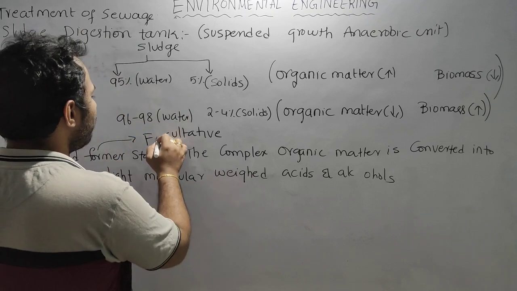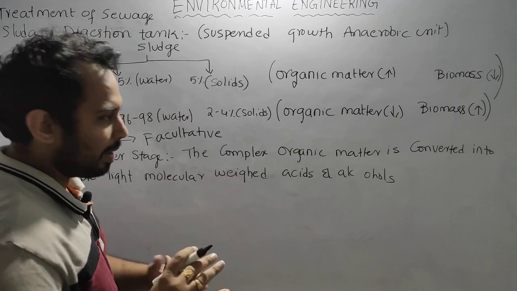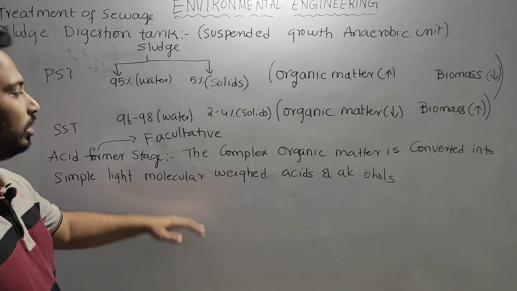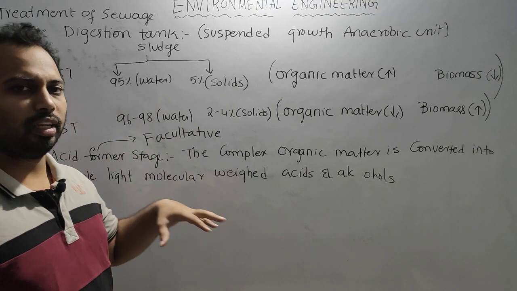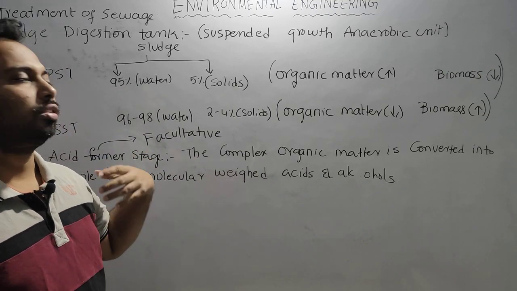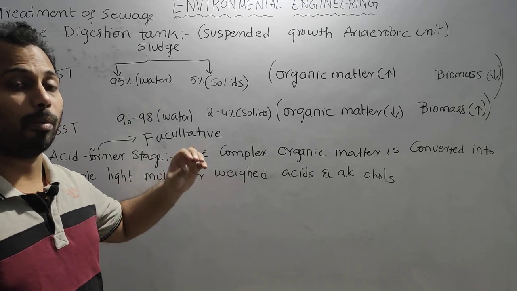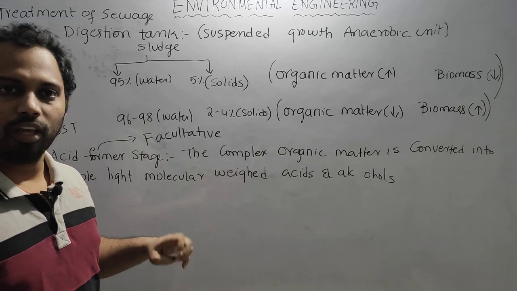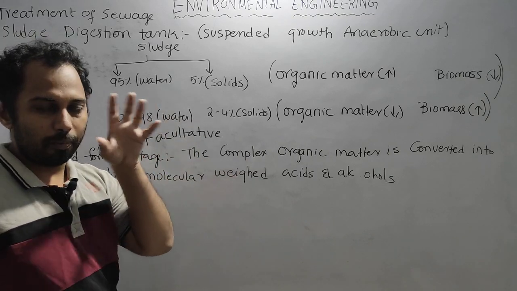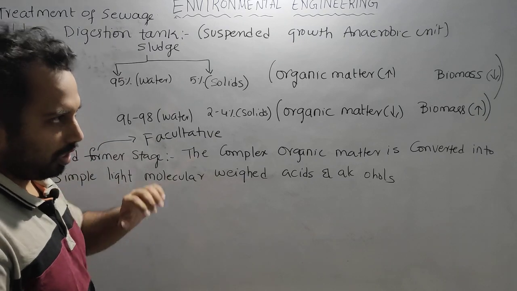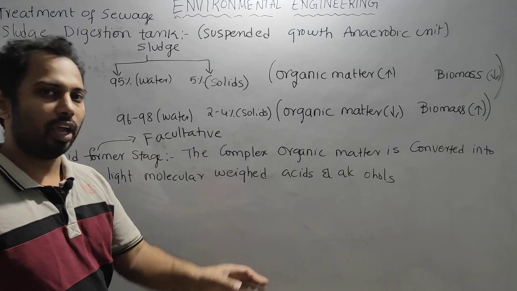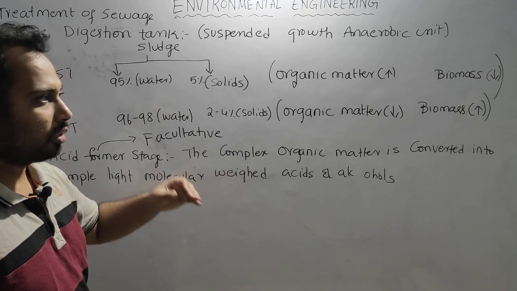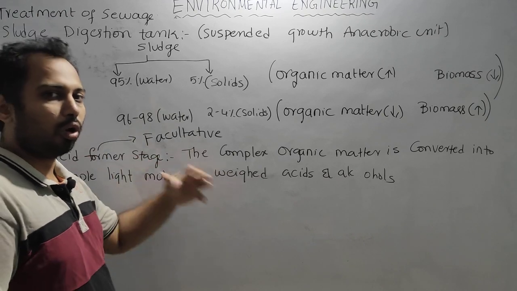The methane forming bacteria are pure anaerobic bacteria. The acid forming bacteria can survive anywhere, so they are strong bacteria, but the methane forming bacteria are very sensitive. They can work within the specified pH range only. If the pH range is not maintained, they will die. Sometimes we call this shock loading.